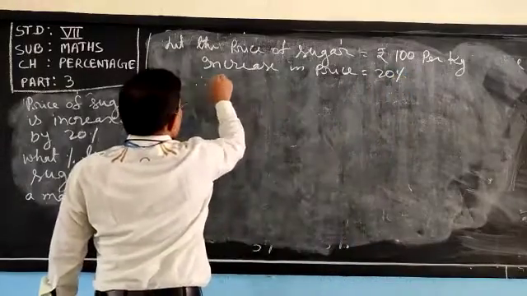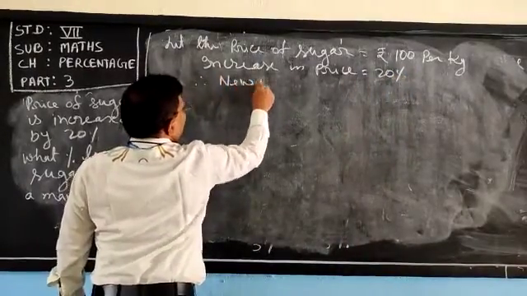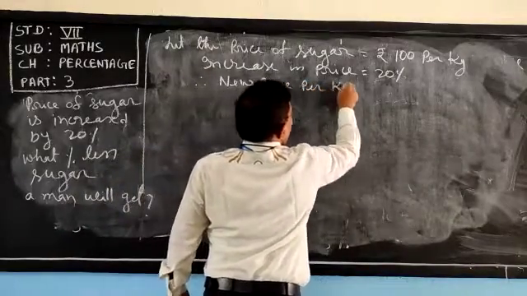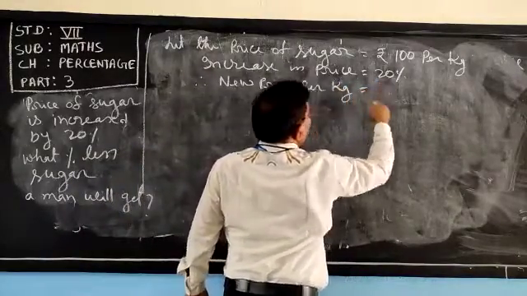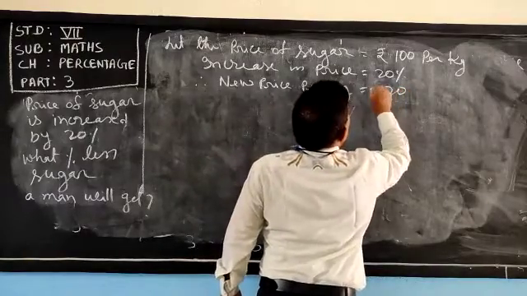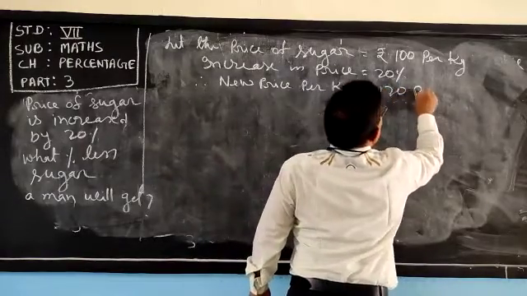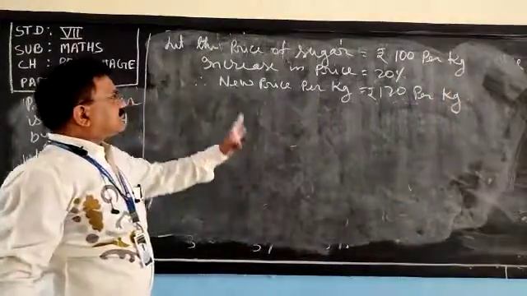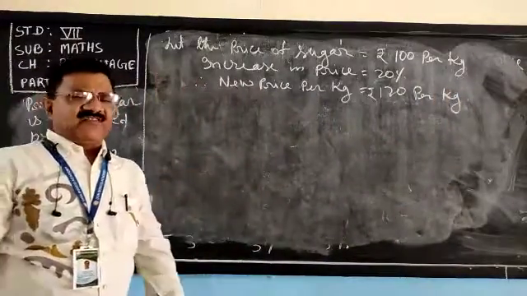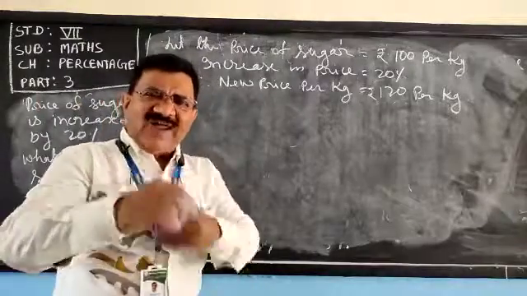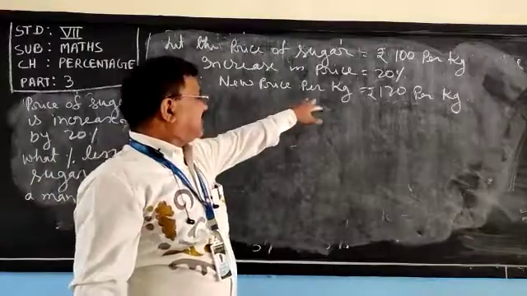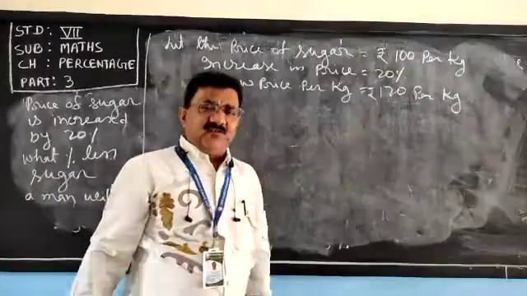Therefore, new price per kg is equal to 120 rupees per kg. Listen. Let the price of sugar be rupees 100 per kg, and a 20% increase in the price of sugar means the new price per kg is 120 rupees.